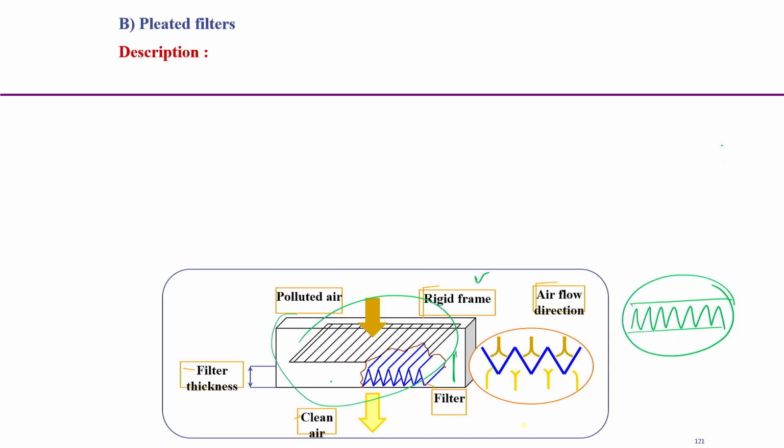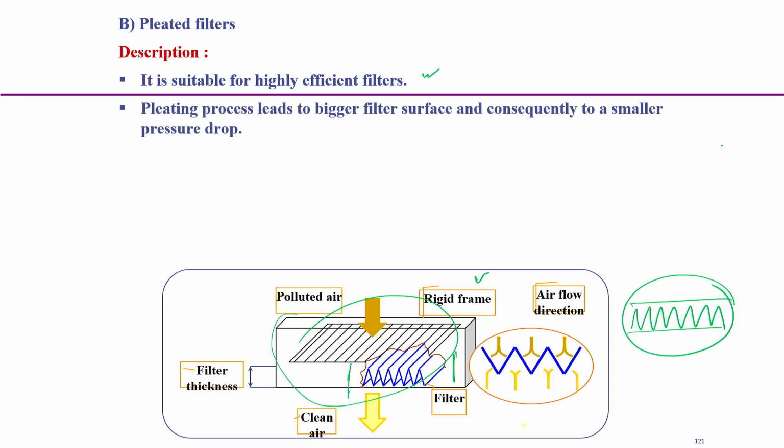Now, here the effective thickness is a little bit increased based on the pleating, and it is suitable for highly efficient filters, mainly used in various applications like automobiles, where space requirement is less.